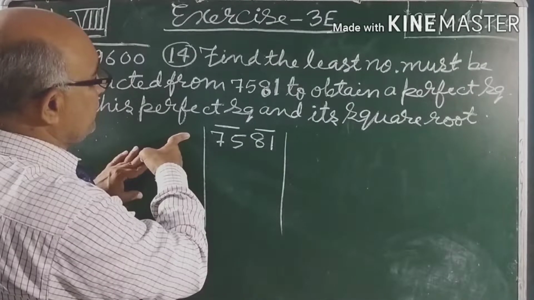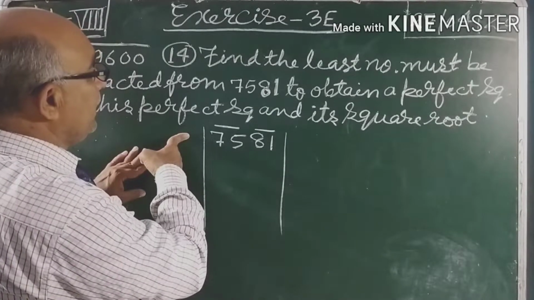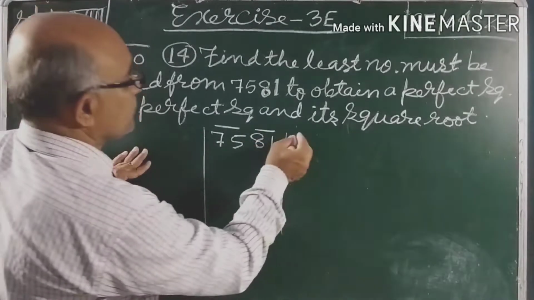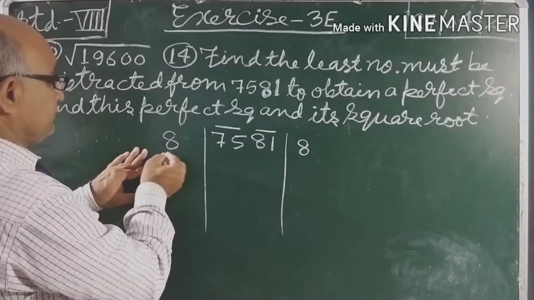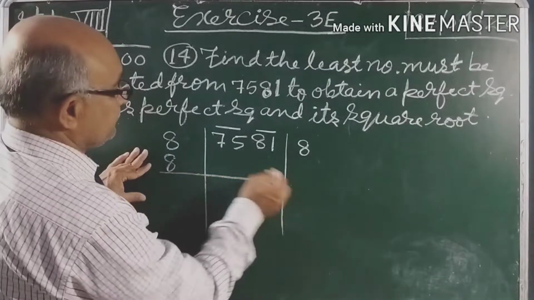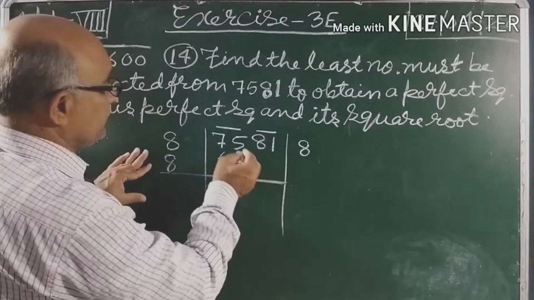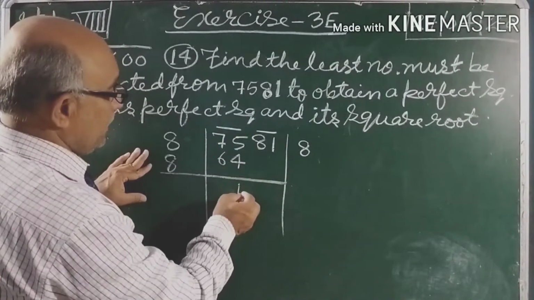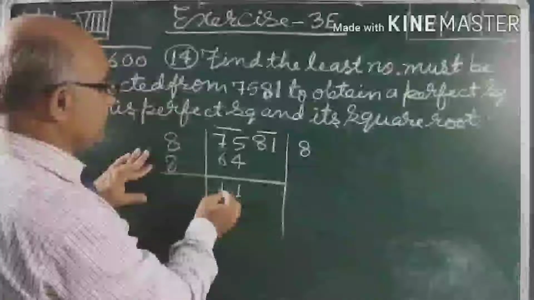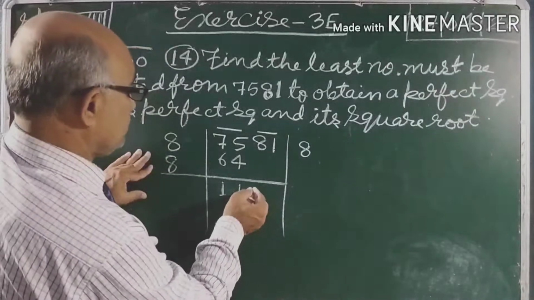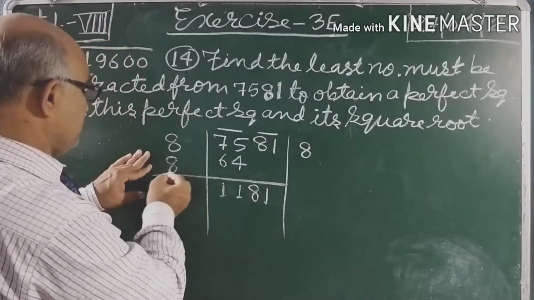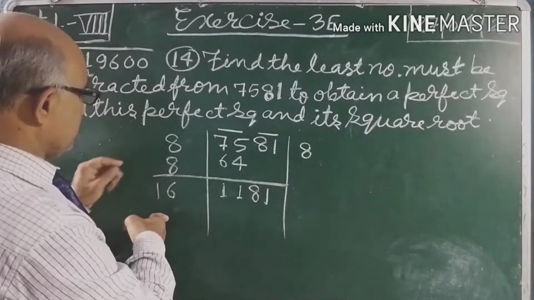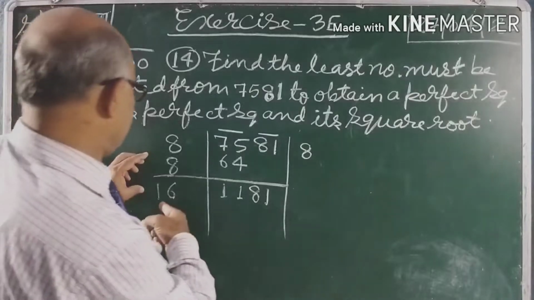8 8 is 64. 9 9 is 81. So 8 8 is 64. 5 minus 4 is 1. 7 minus 6 is 1. 8 plus 8 is 16.